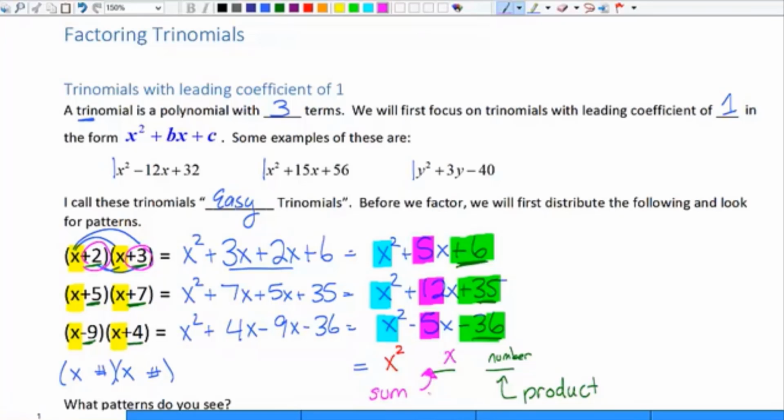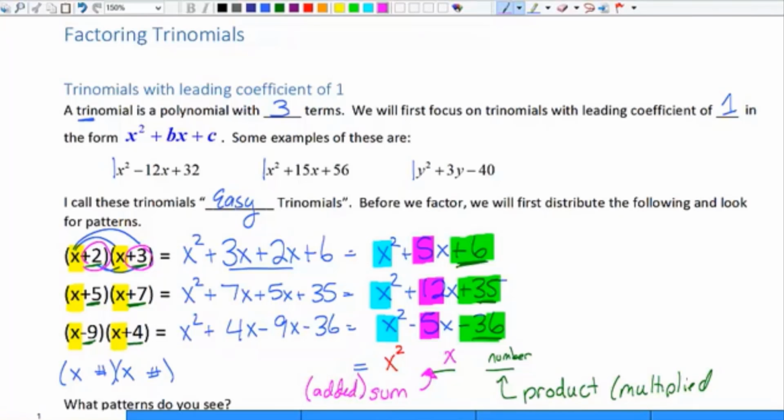If I add 2 plus 3, that gets me 5. If I add 5 plus 7, that gets me positive 12. If I add negative 9 plus 4, that will give me a negative 5. So that middle number is always the sum, and the last number is always the product. Just as a reminder, the product means that they're being multiplied, and the sum means that they're being added.